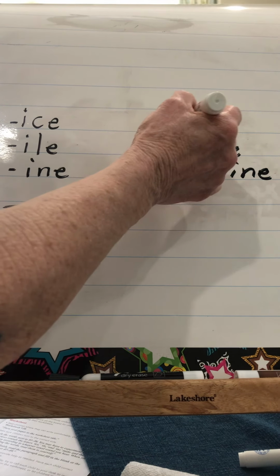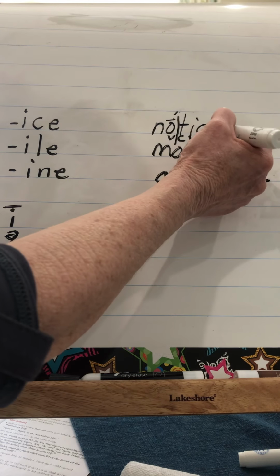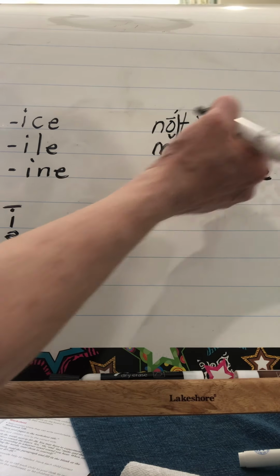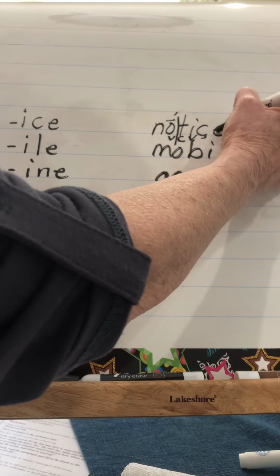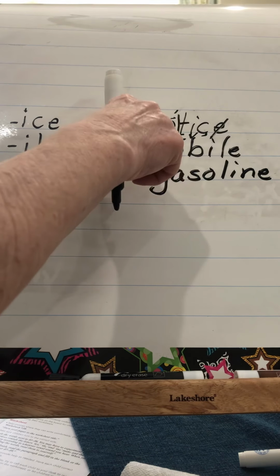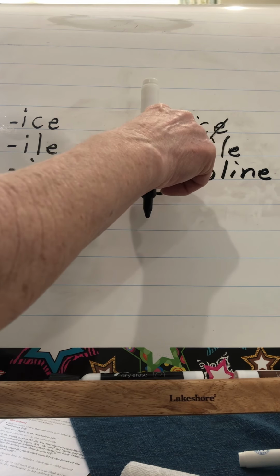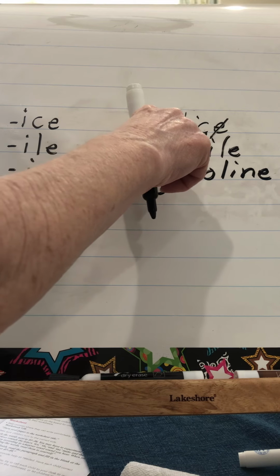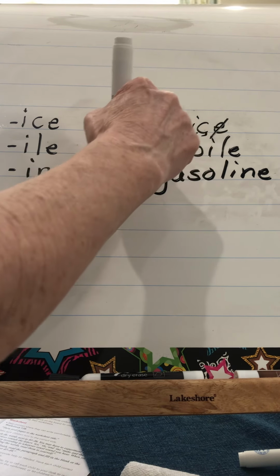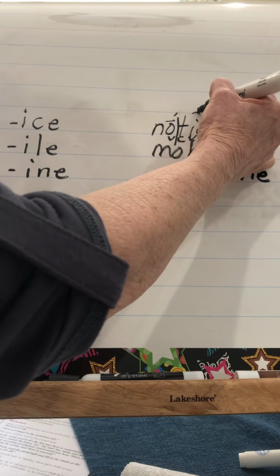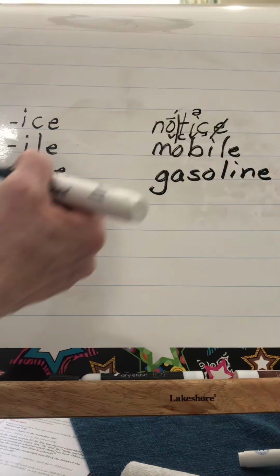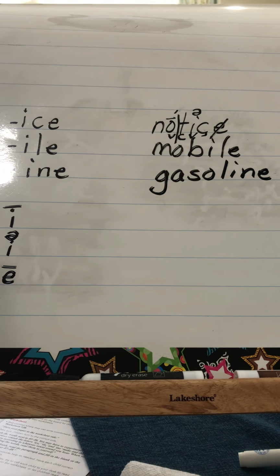So I have notice. This is CE ending, so I'm going to put the cedilla C, and I'm going to cross that out. Now, is it notice, notice, or notice? It's notice. Did you notice if you closed the door? Okay. Now, so we had to put a schwa sound there.